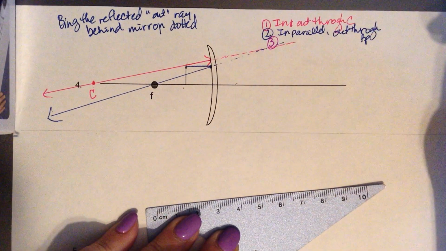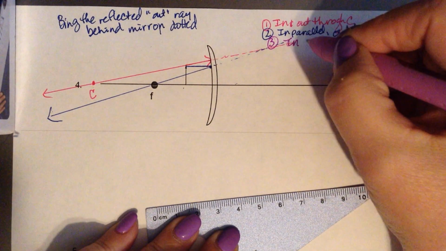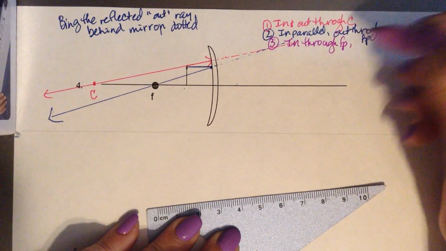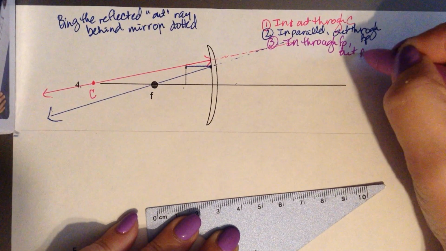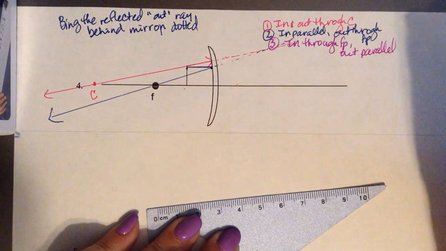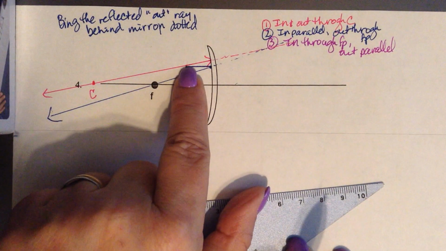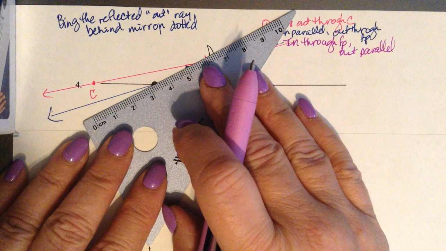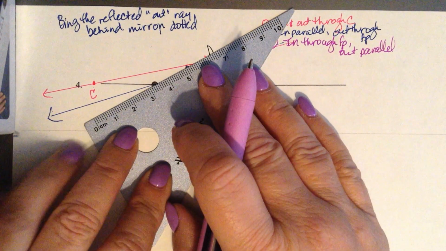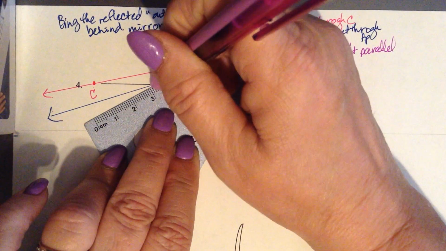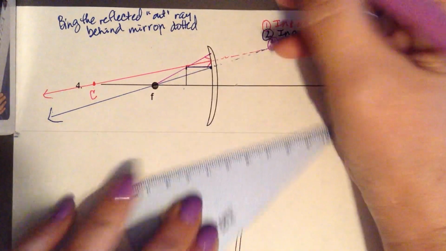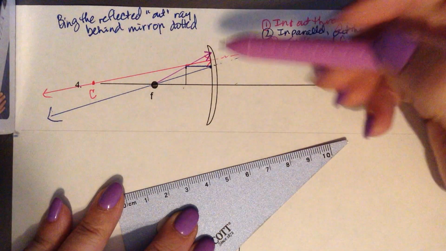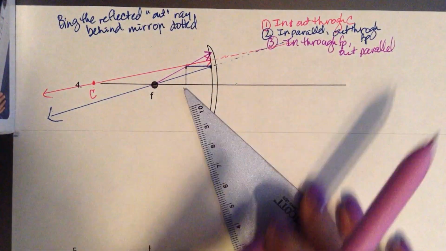So our third light ray, we're going to go in through the focal point, and we're going to go out parallel. So we're going to line the object up with the focal point, in through the focal point, and we're going to go up and hit the mirror. And then from there, we're going to go out parallel.